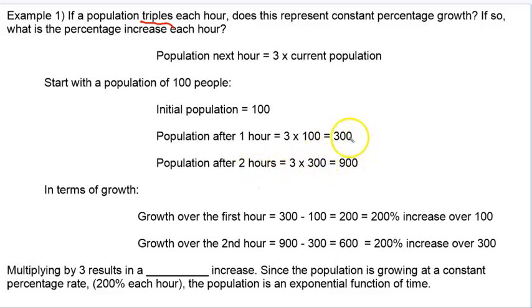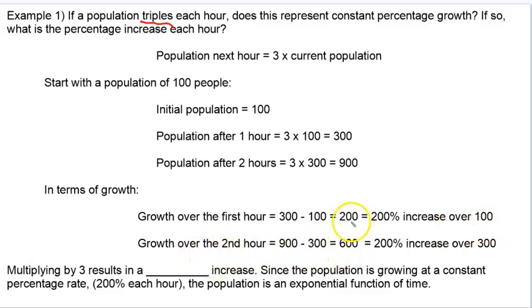After 2 hours, 300 will become 900, multiplying by 3. So again, analyzing the percentage growth rate, after the first hour, we do the ending amount minus the starting amount, 200, and that's 200% increase.